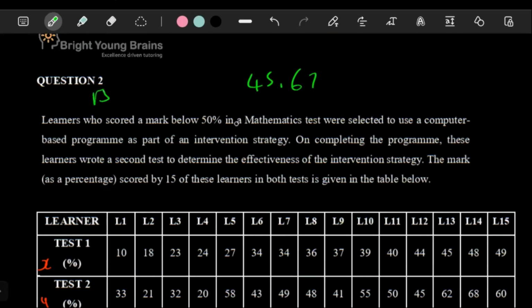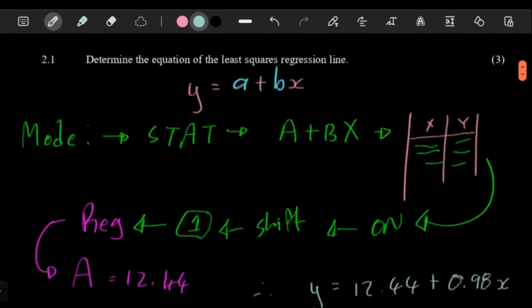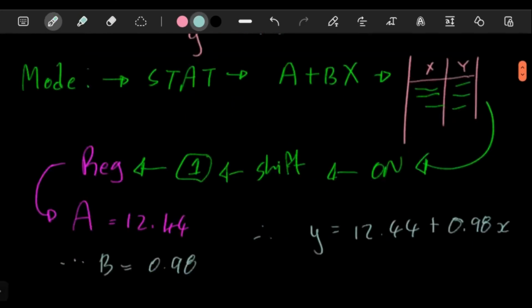From 33 to 45, they check the distance, write it down. From 21 to this, from 32 to this, going on and on until you're done. Then they add it up and divide by how many values you are dealing with. That's your standard deviation.